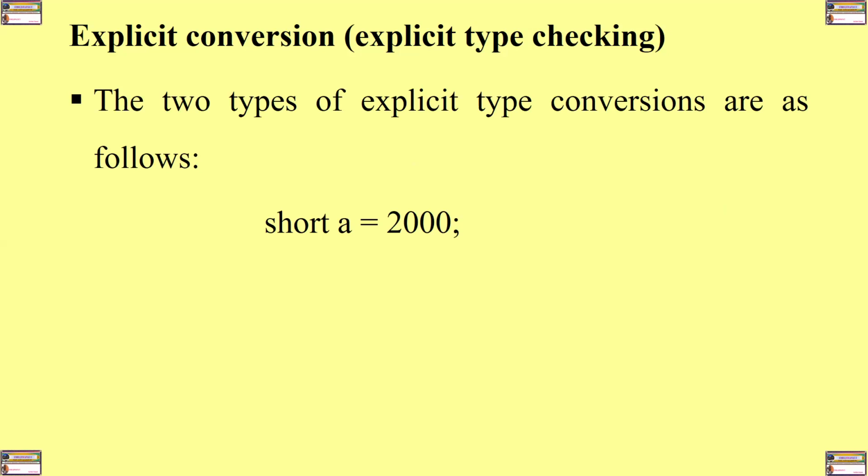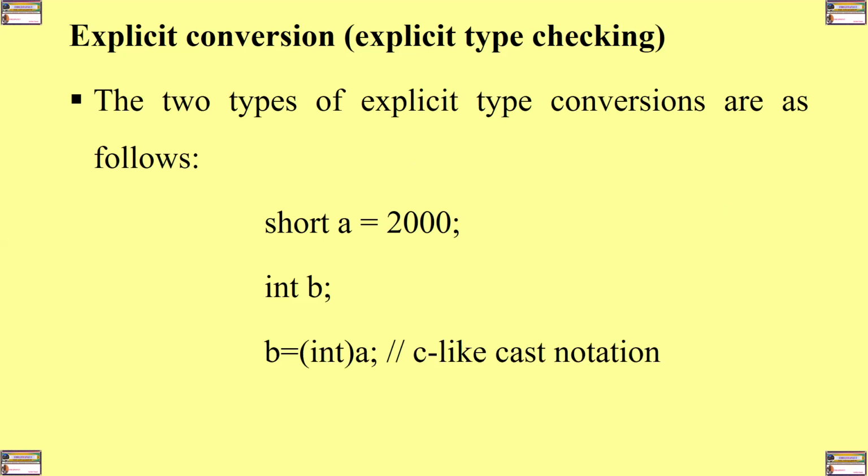That is, 2000 is being assigned to a variable called A, which is of type short. And then once we declare a variable called B of type integer, we can assign A to B, but we have to first convert A, which is of type short, to become integer using a statement.